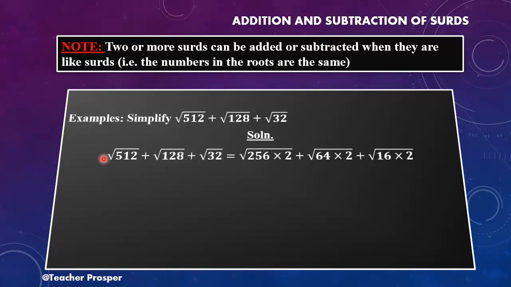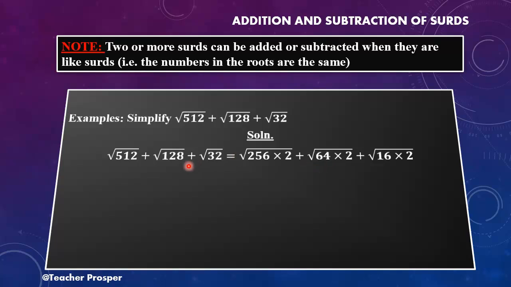We are taking square root of 512 to express it as square root of 256 times 2. Then we are taking square root of 128 to express it as 64 times 2, where 64 is a perfect square. That is what is very important to us.